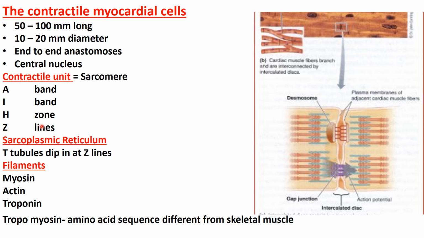The only difference is that the T tubules dip in at the Z lines. The filaments present in the muscle are myosin, actin and tropomyosin, whereas troponin is the regulatory protein that attaches to the calcium ions in the muscle.